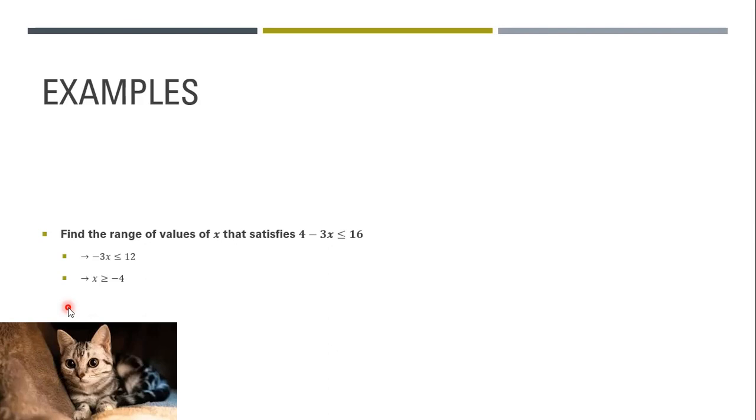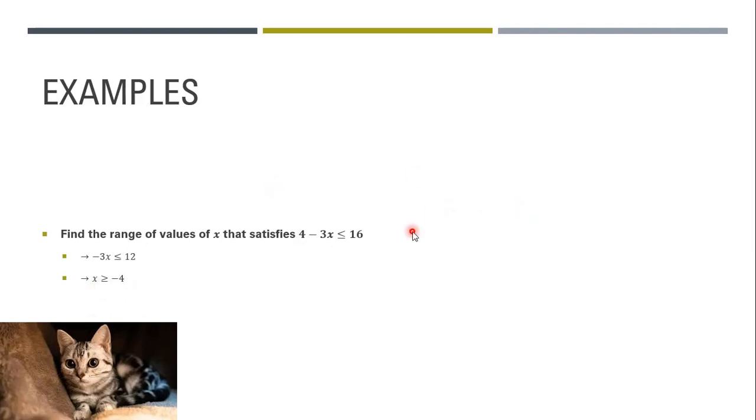Because if you think about it, a different way of rearranging this would be to move the 3x onto this side and minus 16. So you'd have minus 12 is less than or equal to 3x. If you was to then divide by 3, you'd end up with minus 4 is less than or equal to x. So that's why you have to flip the sign. So you end up with the same thing.